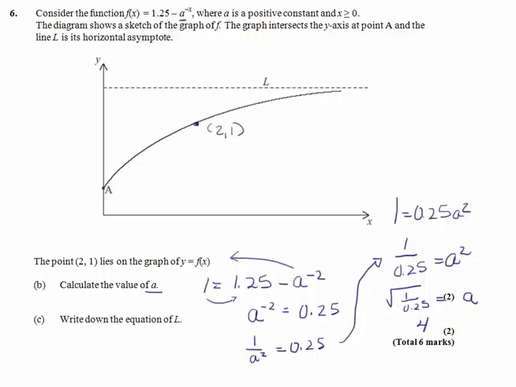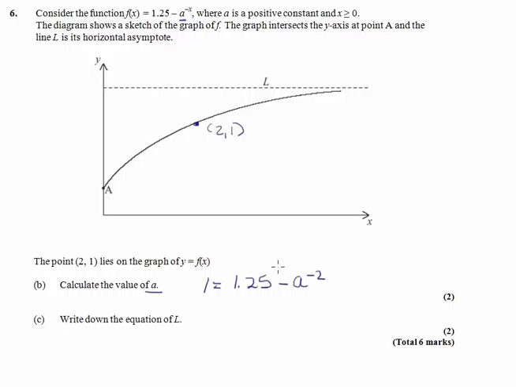It's 1 over 0.25, or sorry, it's the square root of 4, and that is going to be 2. So in my calculator, when I calculate that, I will get the answer of 2, which is a. And you're thinking, that's a lot of work for 2 marks, which is true. So there's probably an easier way, and we'll get to that in a second. There must be an easier way, and of course there is.